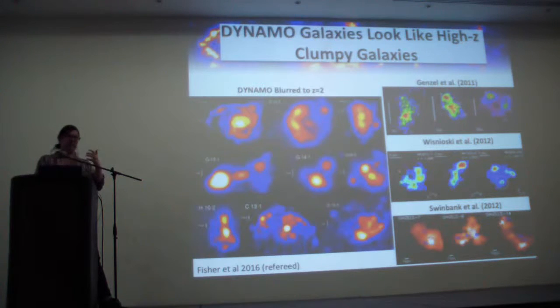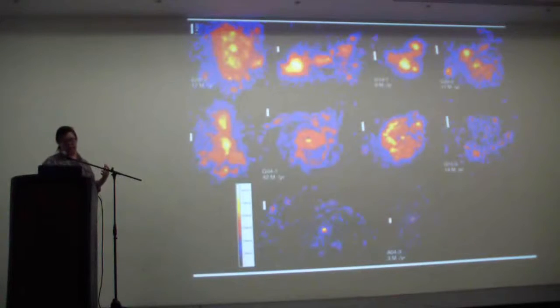So I think we are building up, in every way we look, that DYNAMO galaxies really do seem a lot like your typical main sequence galaxy that you observe at high redshift. And so we can start looking at them and learning more about them. Obviously, the first thing to look at is the effects of resolution and studying the size of the individual clumps.